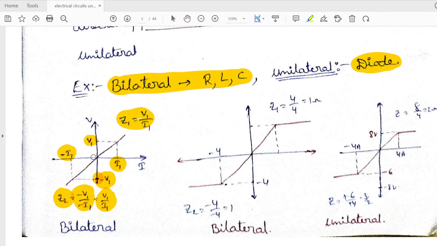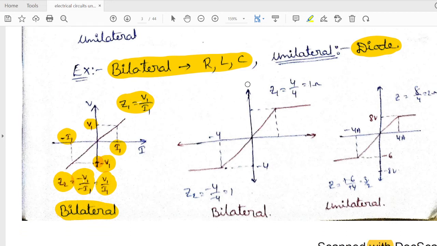Even after changing the polarity of the voltage and reversing the current direction, I am getting Z2 which is equal to V1 by I1 only. Means the impedance is not changing even after reversing the current direction and changing the polarity of voltage. That's why whichever element is offering this kind of characteristic curve is said to be bilateral. Okay, now let us see further.